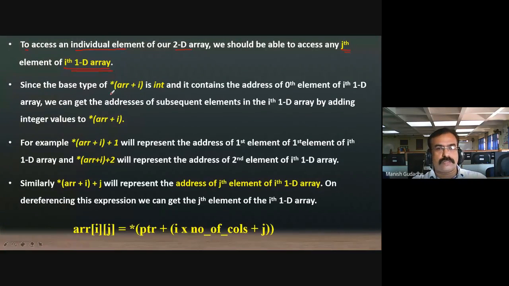Now since pointer arr plus i is an address, it contains the address of the 0th element of the ith 1D array. We can address the subsequent elements of the ith 1D array by adding integer values here. So if I add 1 here, it will take me to the next element.